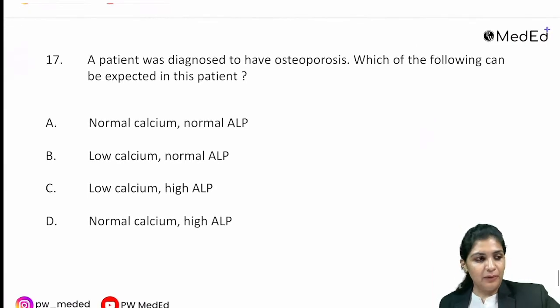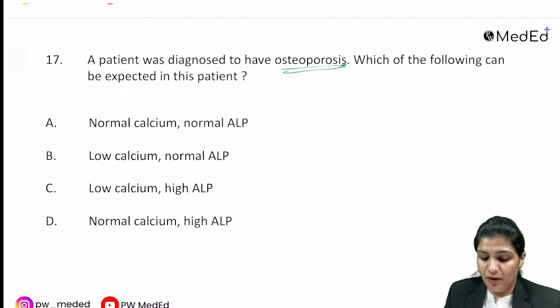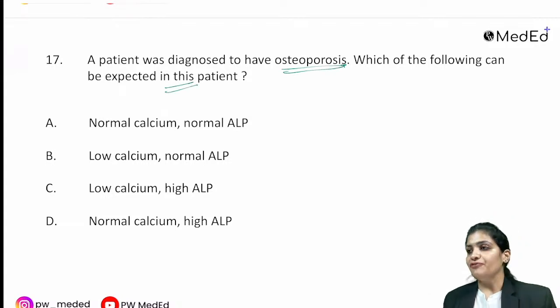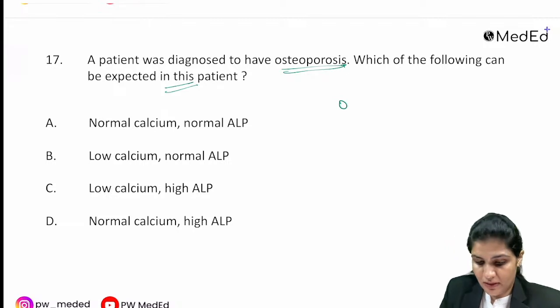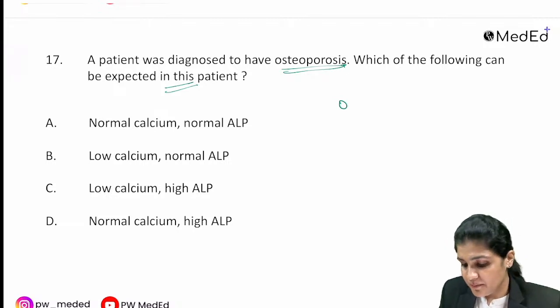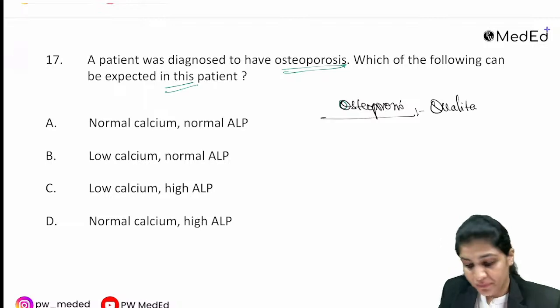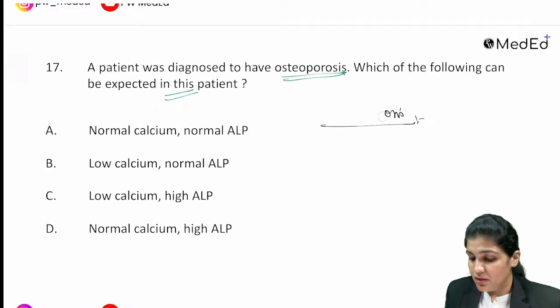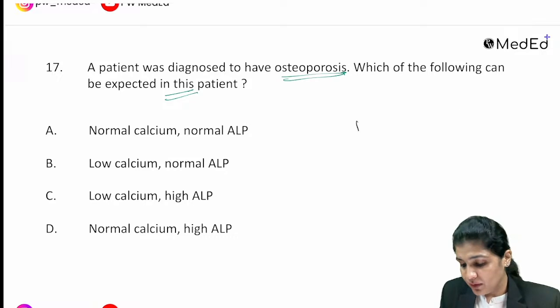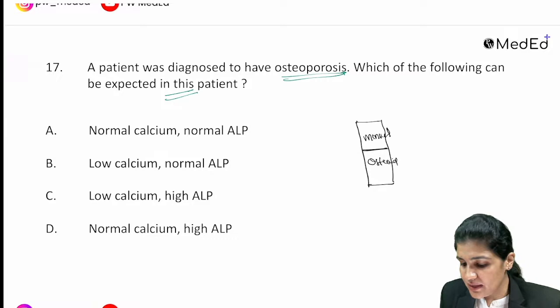And then we are coming to the metabolic diseases where the patient here is diagnosed with osteoporosis. Which of the following can be expected in this patient? So if you remember, osteoporosis is a qualitative defect, right? Sorry, it is a quantitative defect. So if you see this as your normal bone, here there will be osteoid and this is your mineral, right?